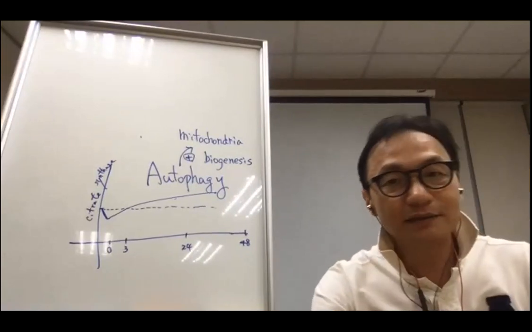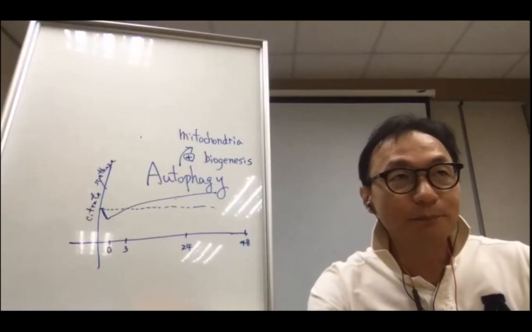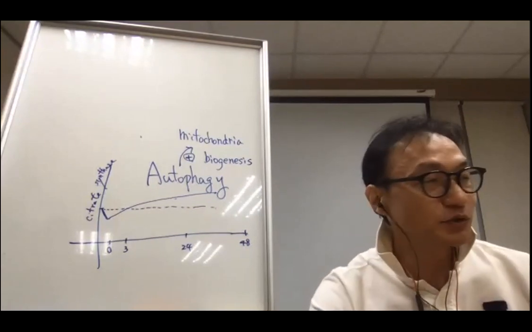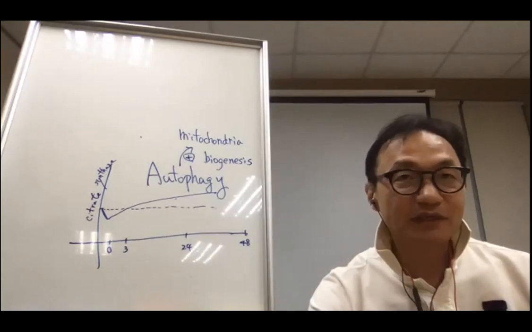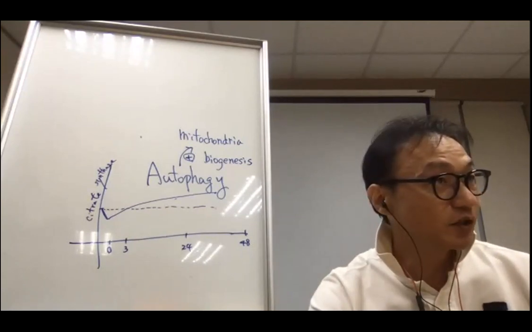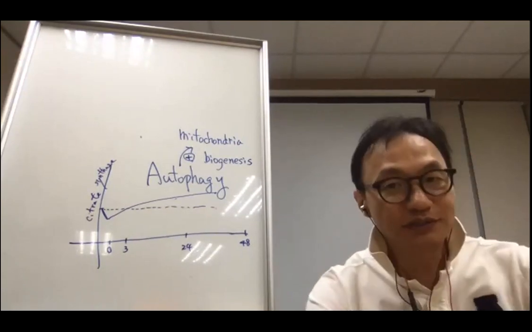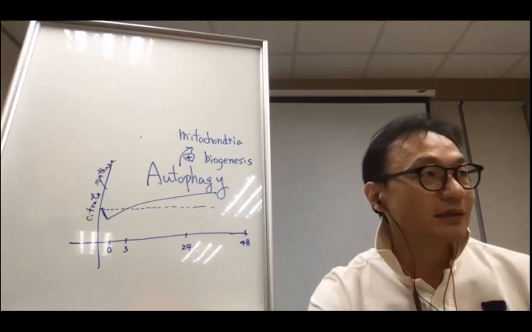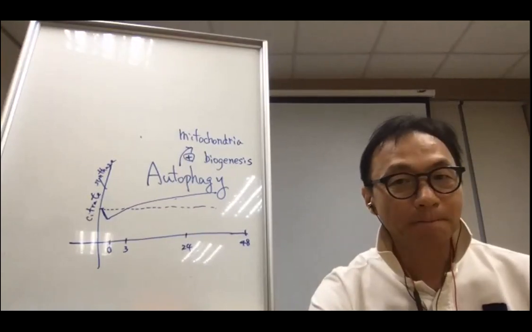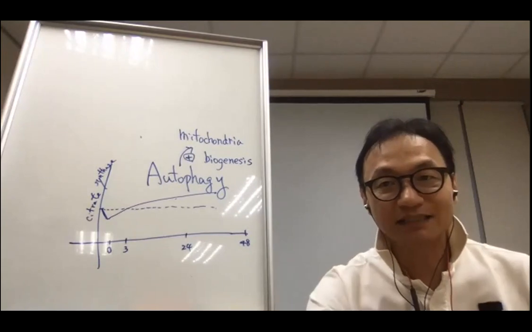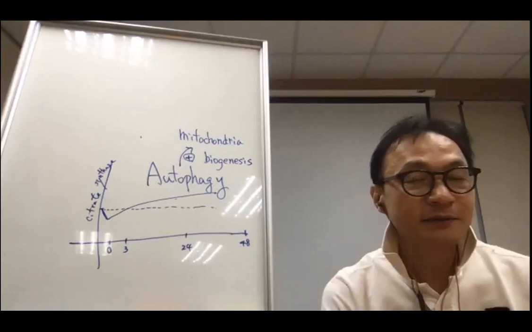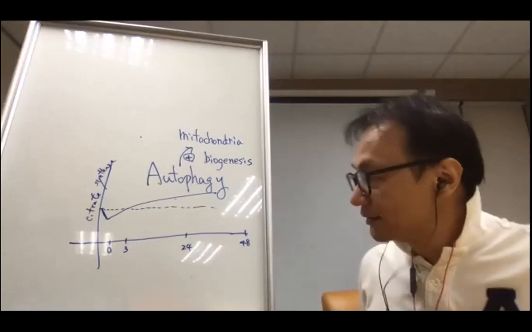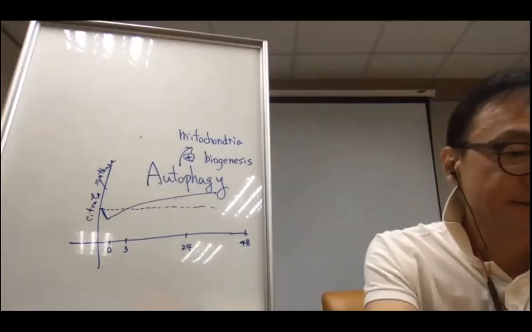If you have healthy and higher numbers of mitochondria, you can have a better oxidative capacity in your skeletal muscle to produce ATP for oxidative metabolism.